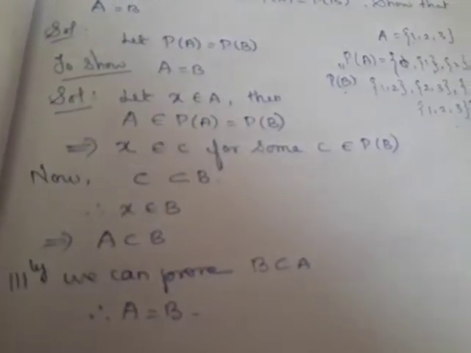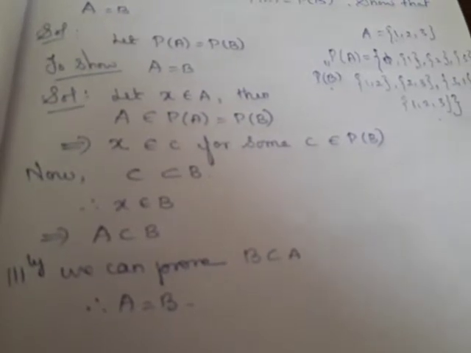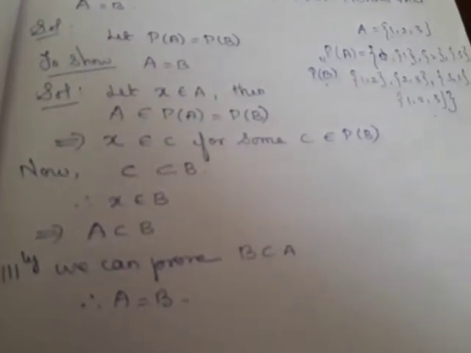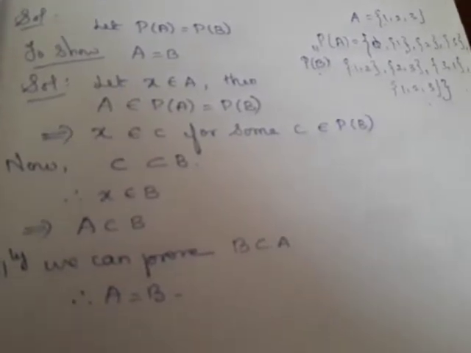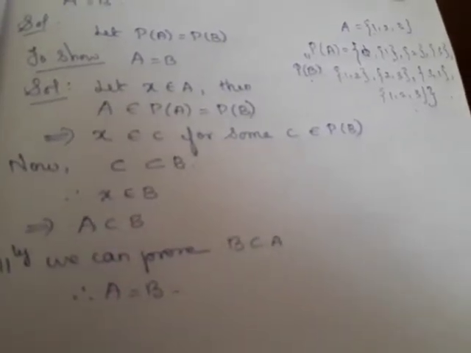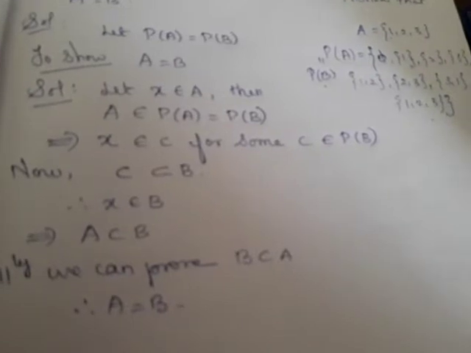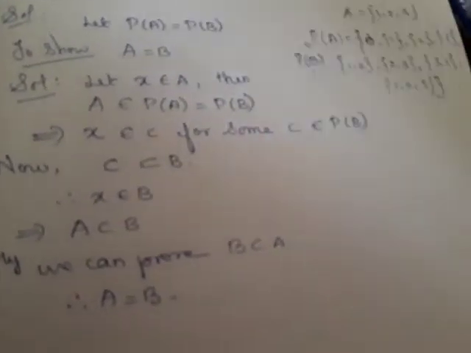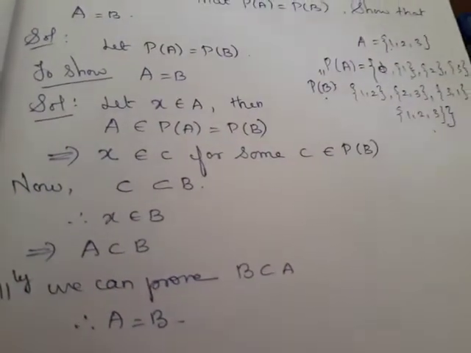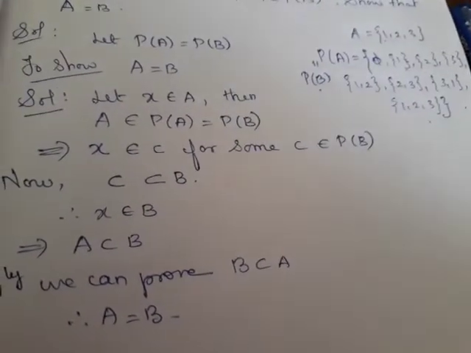See, all these set theory and modern algebra chapters are very abstract. Math itself is an abstract concept. So you have to visualize, imagine, then only you can prove it. You should understand, you should analyze, you should imagine.